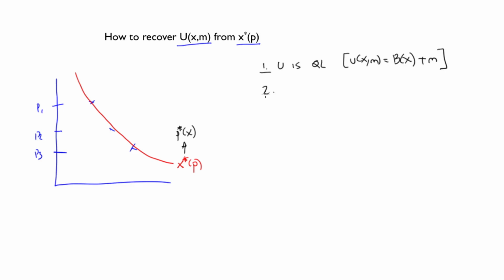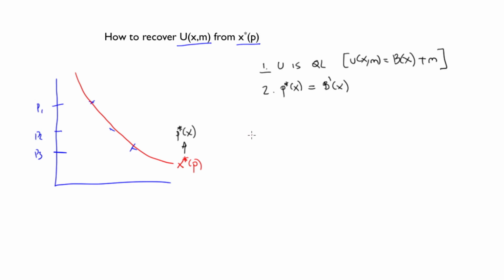And the second is because, as we saw before, this locus P star of X, the inverse demand function, is equal, as long as the preferences are quasi-linear and, very importantly, individuals are optimizing, to the marginal benefit function of X. But from here, we have everything that we need to now recover the utility function. Why is that?